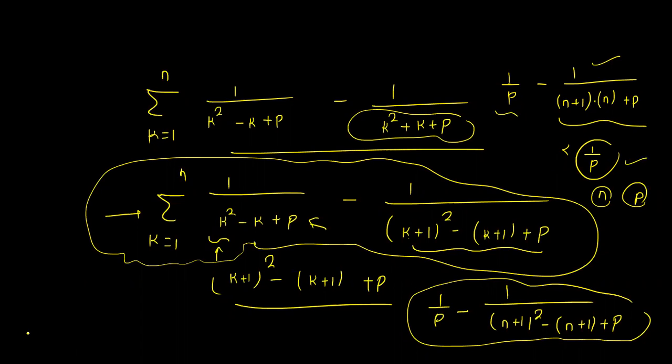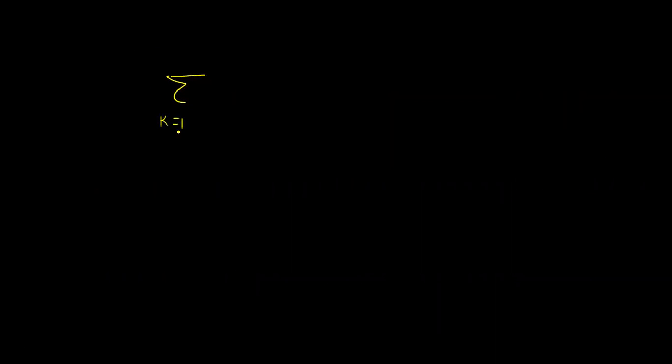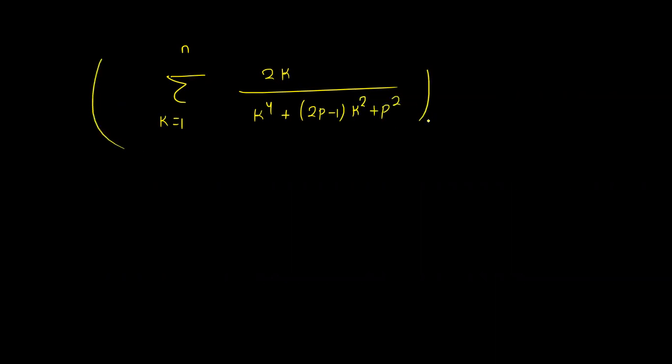So now the value of our summation, k from 1 to n, 2k divided by (k to the power 4 plus (2p minus 1) k square plus p square) whole square, is less than 1 by p square.